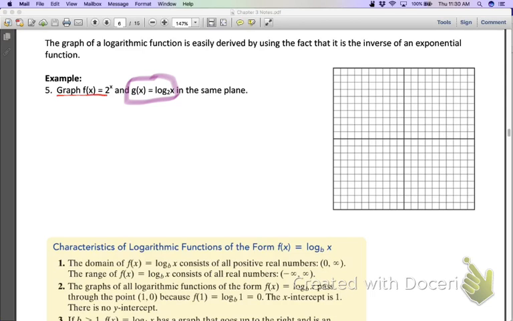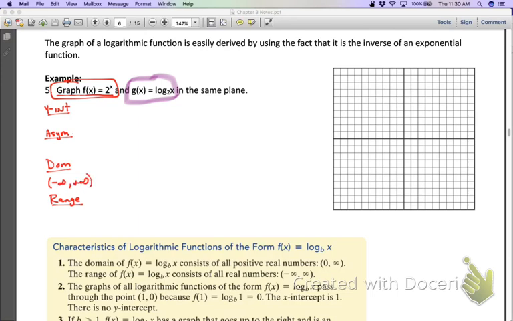So whenever we were doing the one in red, we had the y-intercept, we had the asymptote, we had the domain, and then we had the range. Remember, with an exponential, domain was always negative infinity to positive infinity.